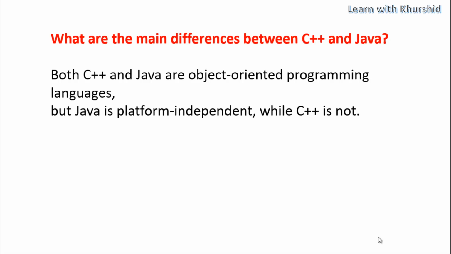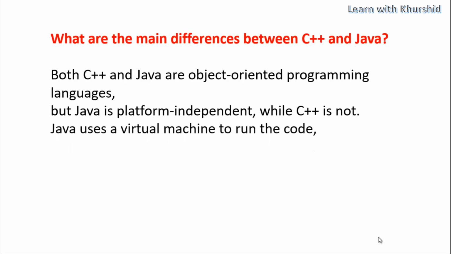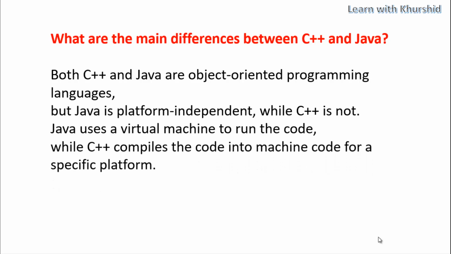But Java is platform independent because it converts its source code into bytecode, and that bytecode will run everywhere there is a JVM. So Java uses a virtual machine to run the code, while C++ compiles the code into machine code for a specific platform.